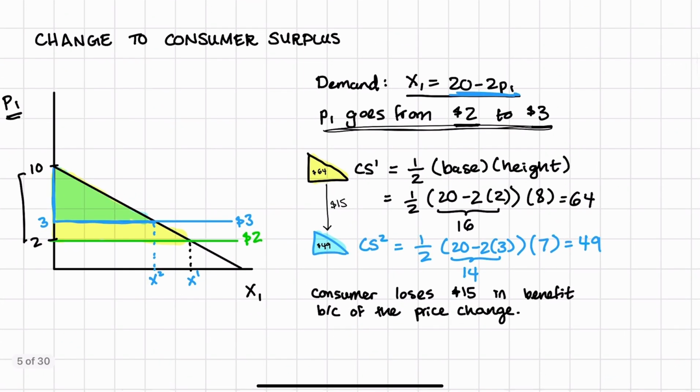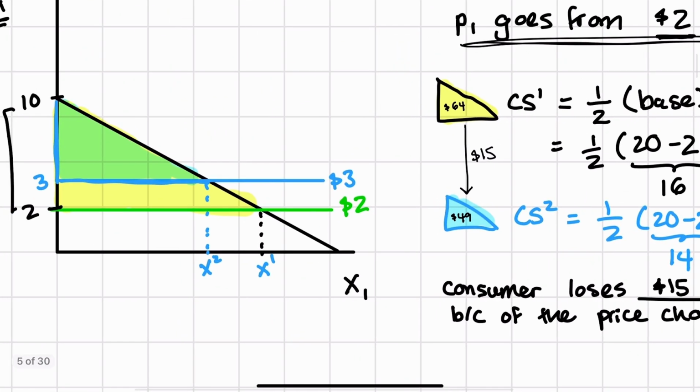And another thing I want to point out is that loss of $15 can be decomposed into two effects here. Another method we could have used in figuring out the loss to consumer welfare would be, instead of finding out the area of this triangle and the area of this triangle and subtracting them, we could have just calculated the area of this trapezoid.